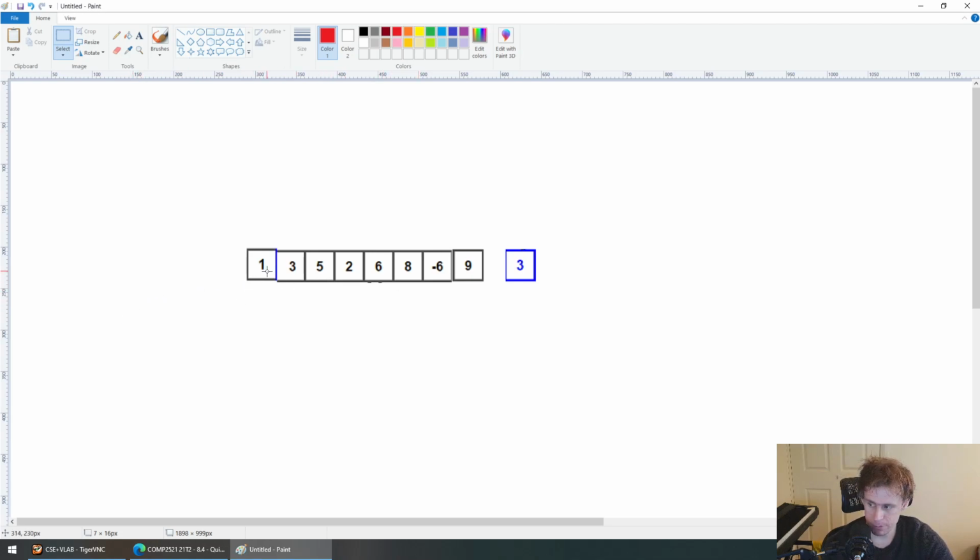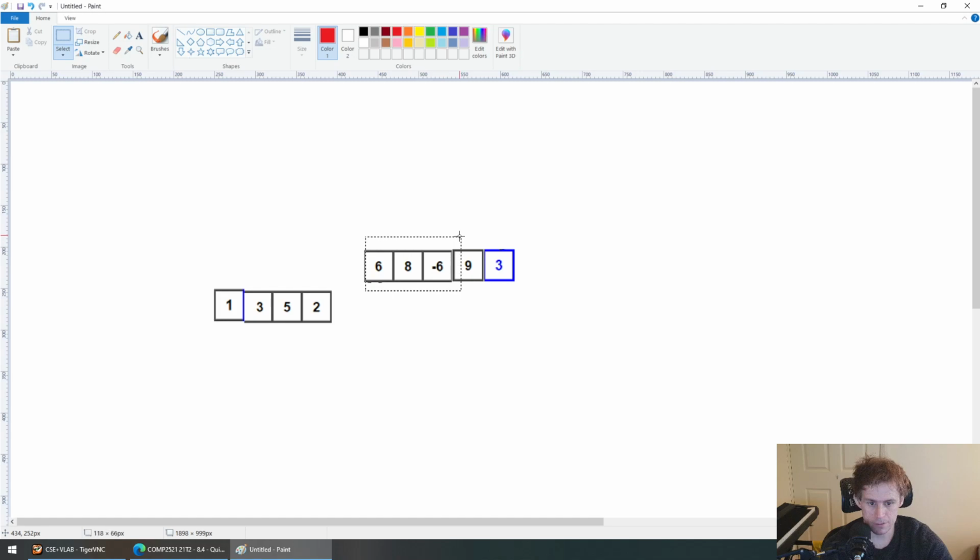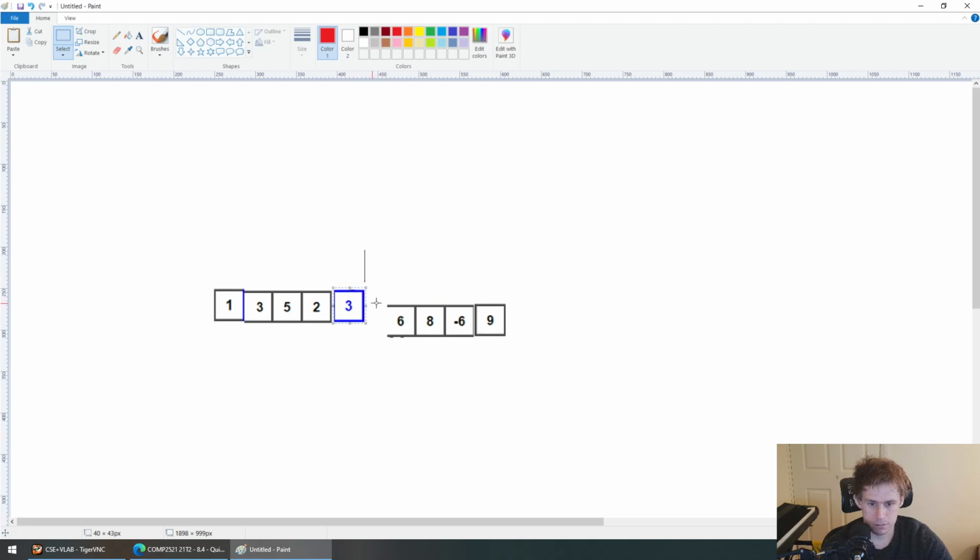If my rules are that I move through this, and when I find a duplicate to my pivot, I just leave it there, you think, oh, that seems stable, right? Because this 3 over here started at the end of my list. So once I sort these 2 halves, let's just pretend this is sorted for a second, and then I put my pivot back in, it'll all be okay.